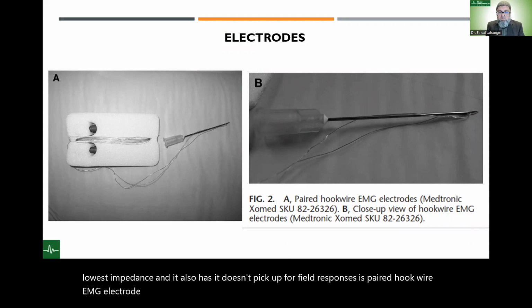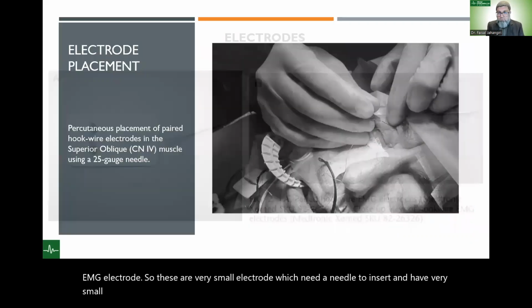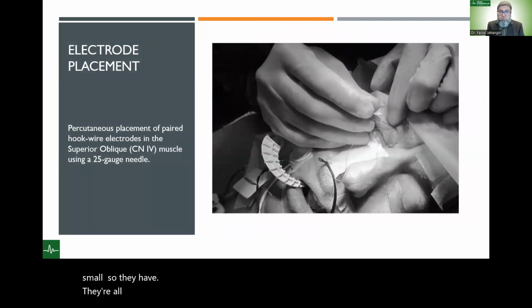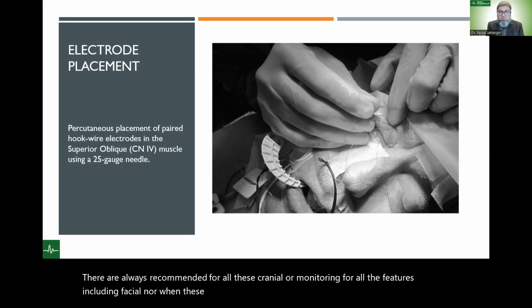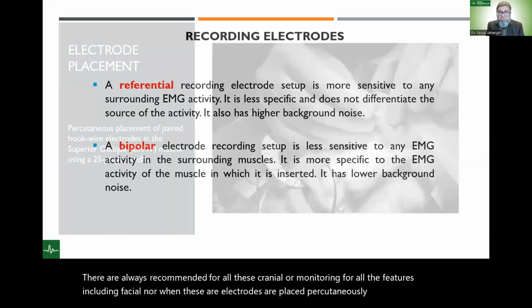These are very small electrodes which need a needle to insert and have a very small hook on it. They are always recommended for all these cranial nerve monitoring, including facial nerve. These electrodes are placed percutaneously in the muscles around it.